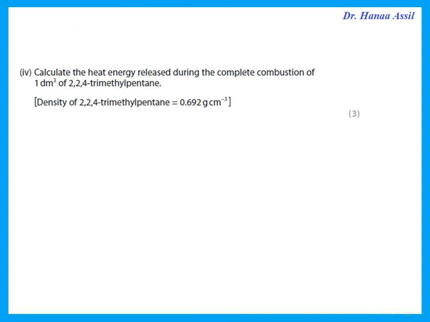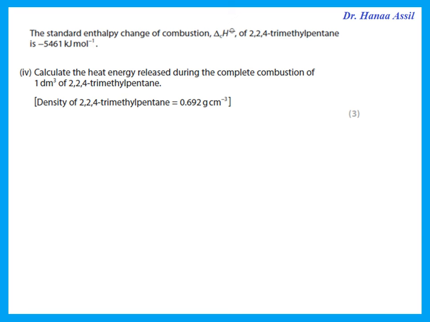Calculate the heat energy released during the complete combustion of 1 decimeter cubed of this alkane. So I have 1 decimeter cubed of this alkane, and he's telling me that the delta H of combustion is minus 5461 kilojoule per mole.